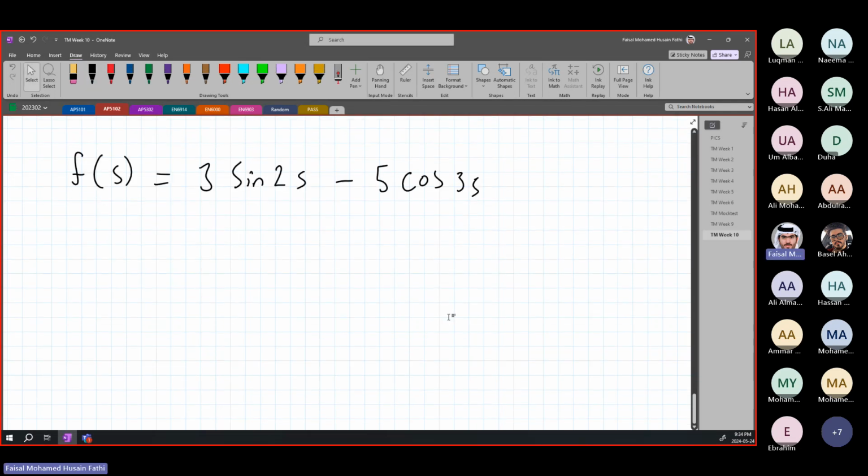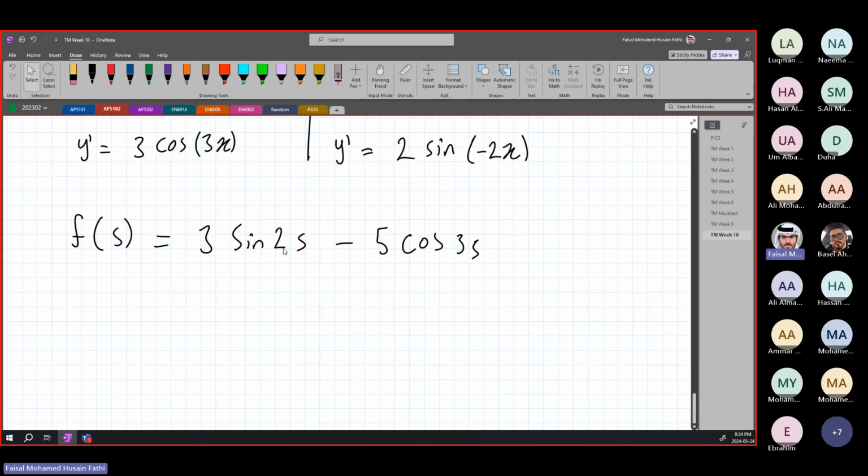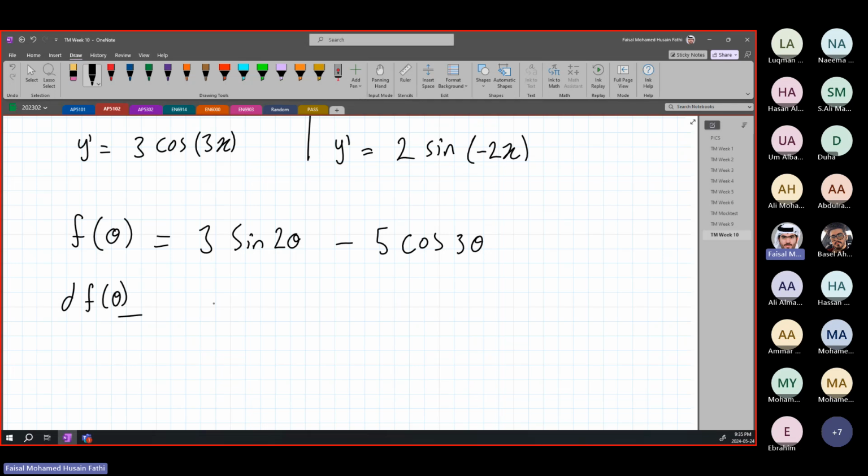Why not? And then, for example, they can give it to you in terms of s instead of x. Or maybe not even s, maybe they can give you in terms of theta, when it comes to sine and cosine, all right? It doesn't matter what the variable is. It doesn't matter. Okay, but the differentiation will become now df of theta by d theta, because now the changing variable is theta, all right?